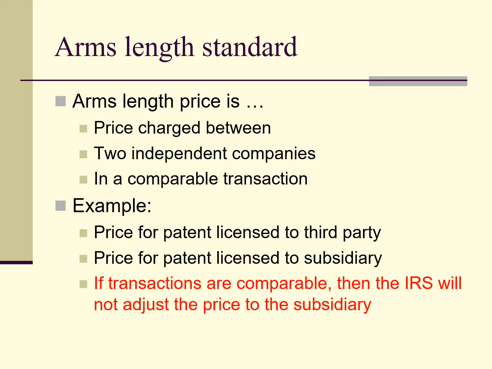If US Co. can prove that the transaction with Company X, the unrelated company, and Company Y, a controlled company, are comparable, and that the terms of the license are the same, then the IRS is unlikely to adjust the price charged to the subsidiary.